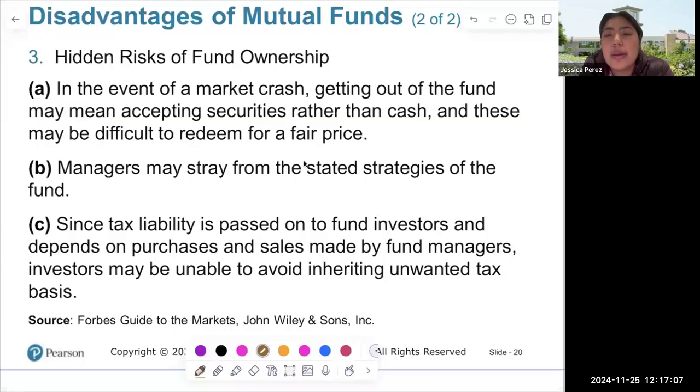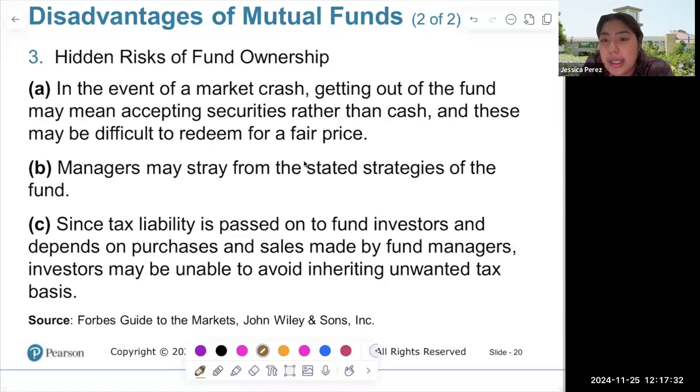So for example, let's say you have funds, and instead of giving you the cash, they give you something else. They give you securities, which might not be as redeemable as cash. Managers may also stray from the stated strategies of the fund. The people who own these funds can also have particular strategies for the fund.